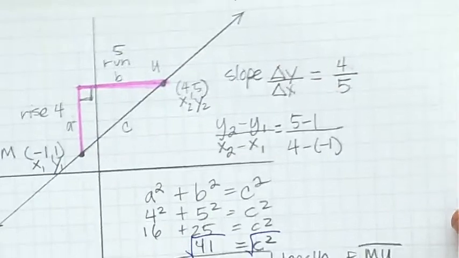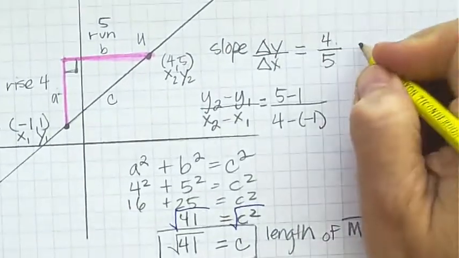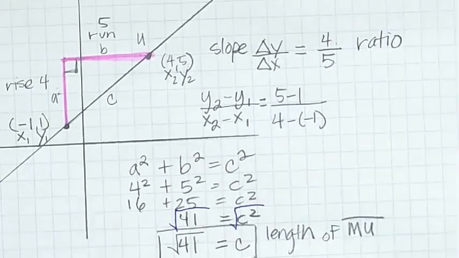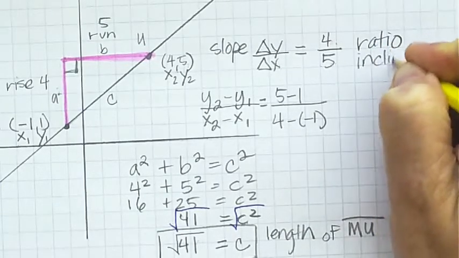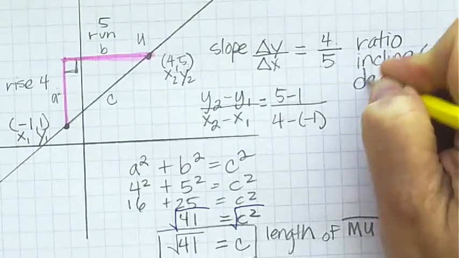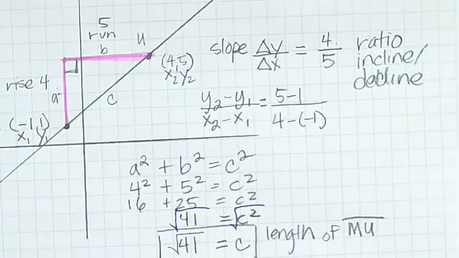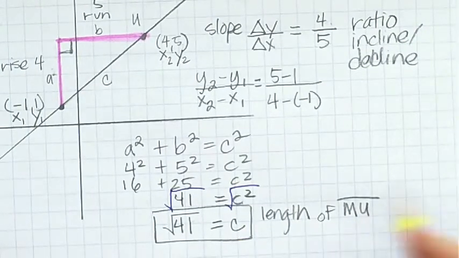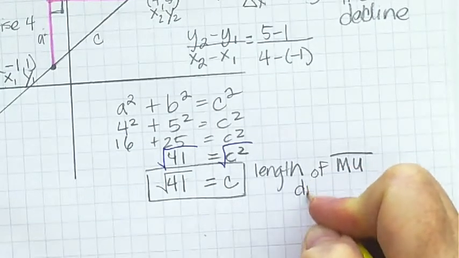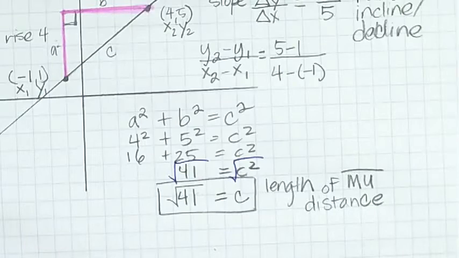Well, the biggest thing that you want to notice is that the slope is a ratio. It's the incline or decline of that line. The length of MU is a distance. It's the distance from one point to another on the coordinate plane.